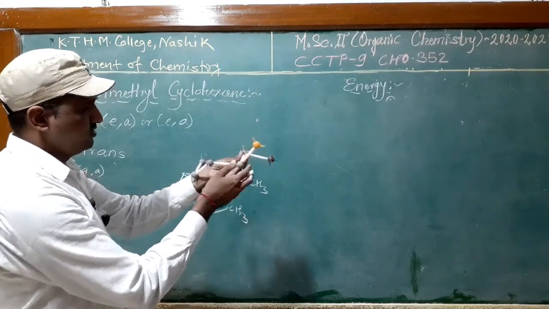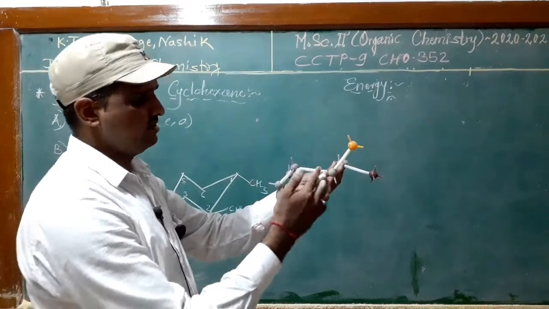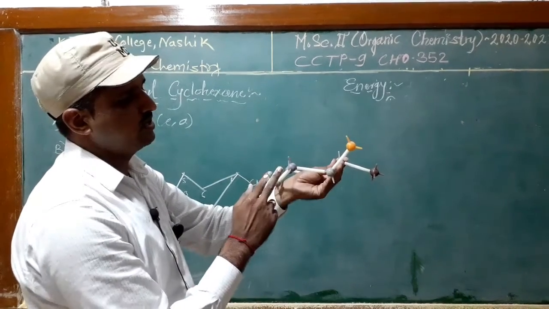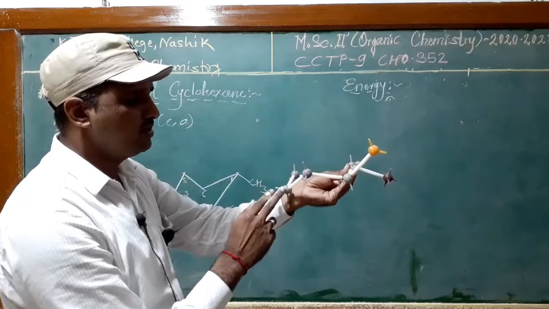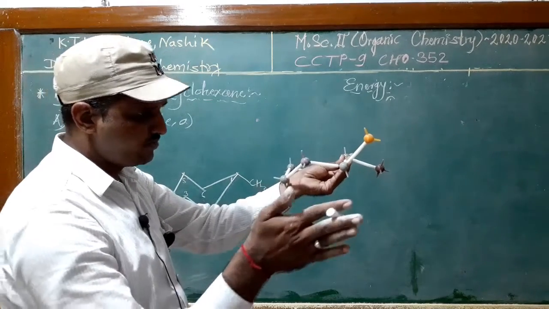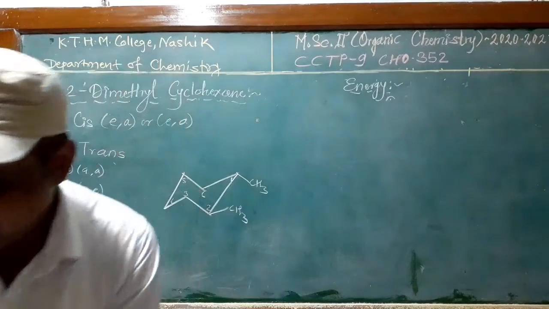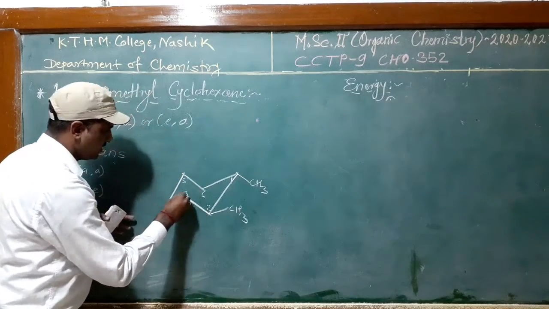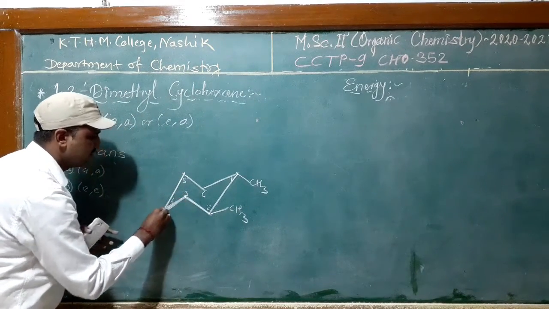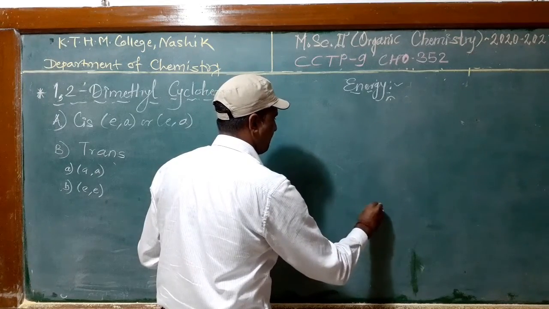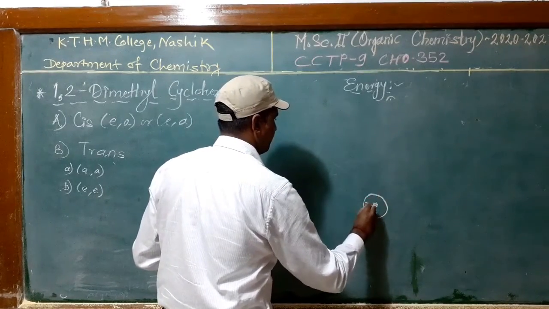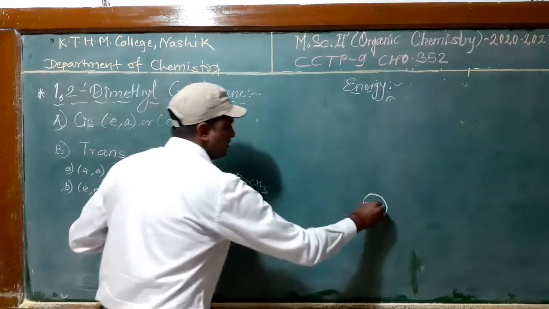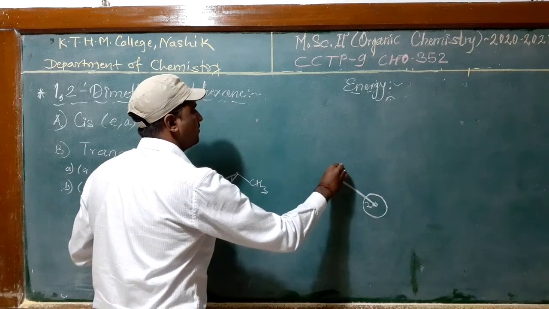When we draw the Newman's projection, we again consider carbon number 2 as a front carbon atom, carbon number 3 as a front carbon atom and carbon number 4 as a front carbon atom. We are observing the molecule from this way. So carbon number 2, carbon number 3, carbon number 4 are the front carbon atoms, like this. The next carbon of carbon number 2 is carbon number 3, in this way.